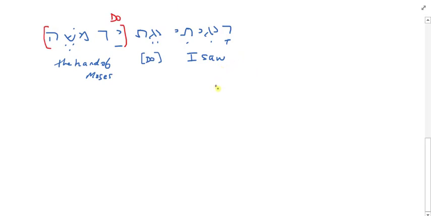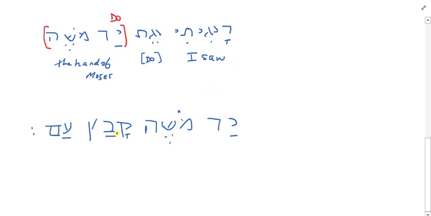An example would be something like this. So here I have Yad Moshe Kavatz Am, the hand of Moses, and that's a construct chain, so I've got to keep that together. This is the subject. Kavatz is my verb. Am, my direct object. The hand of Moses gathered a people.